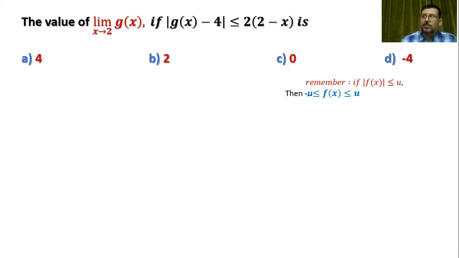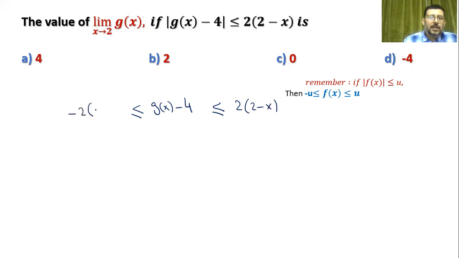So when we use this rule, I'll get g of x minus 4 between 2 times 2 minus x and negative 2 times 2 minus x.